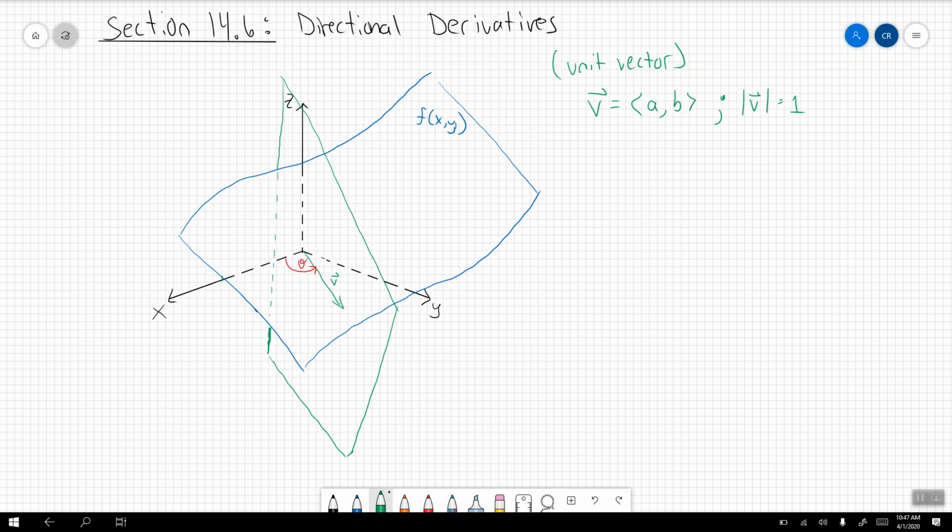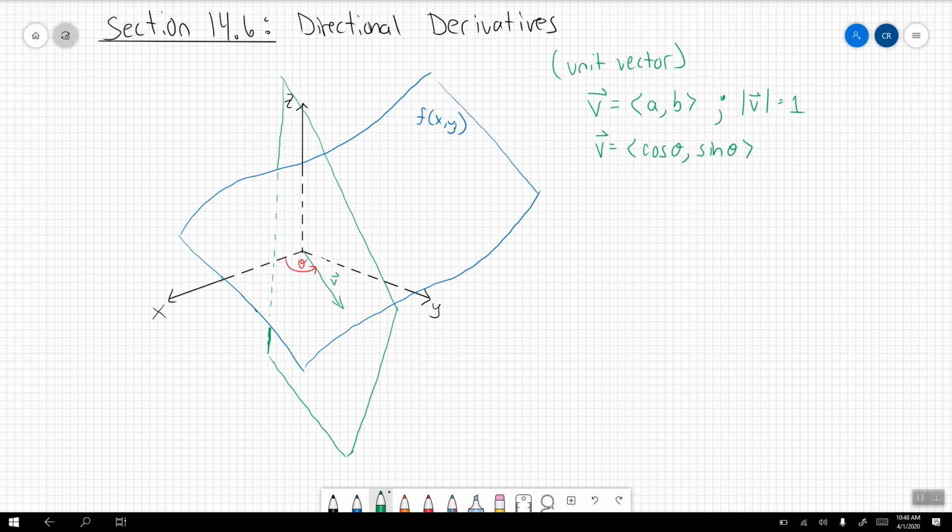Now, if that's the case, then we're going to be able to extract a few more items from here. Using our trigonometric components, we can rewrite vector AB in terms of cosine theta and sine theta component-wise.